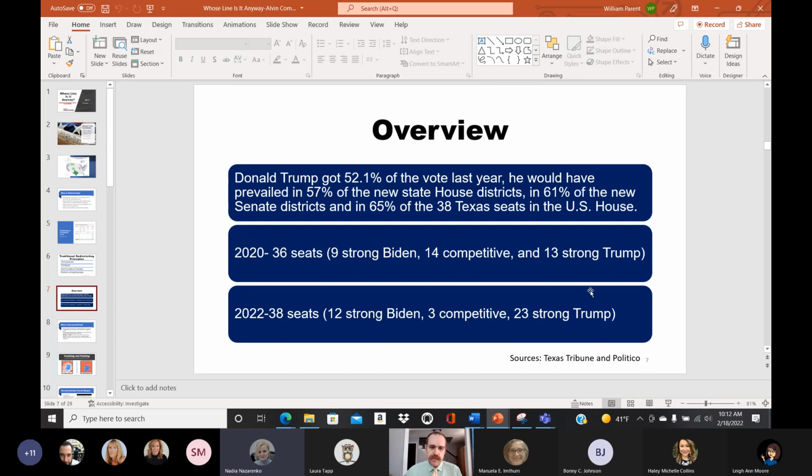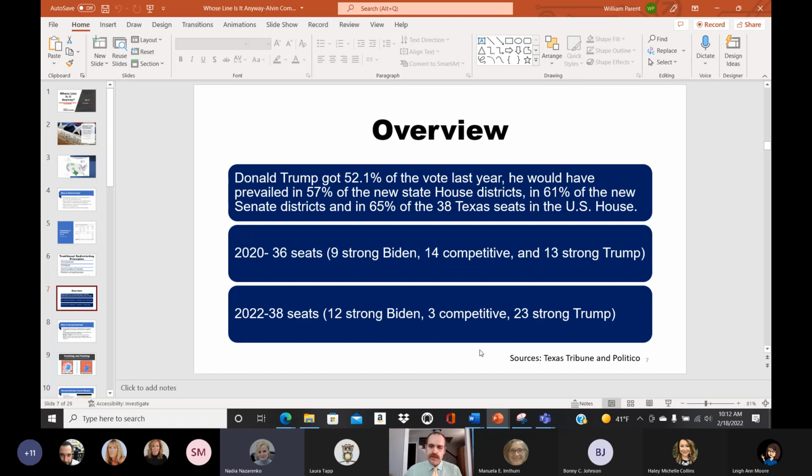In 2020, of those 36 seats, 9 were strong Biden, 13 were strong Trump, and 14 were competitive. Come the 2022 midterm elections, once again, we have 38 seats now in the U.S. House of Representatives. 12 are strong Biden, and 23 are strong Trump. 3 are competitive.